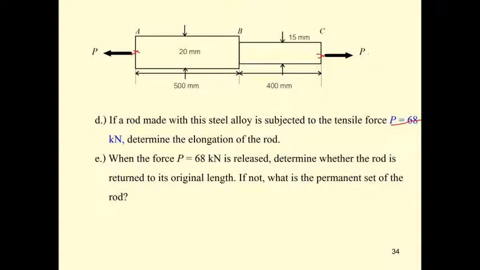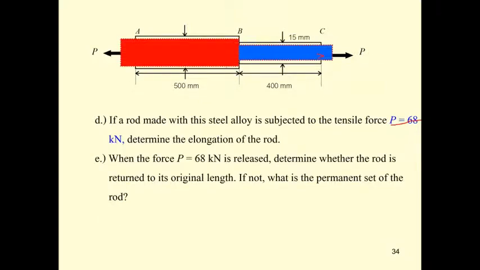We are going to take a look at how it deforms, how large the elongation of the rod is. Then we release the force of 68 kilonewton and determine whether the rod is going to return to its original length. The rod will return to the original if both AB and BC have elastic behavior. If not, what is the permanent set?